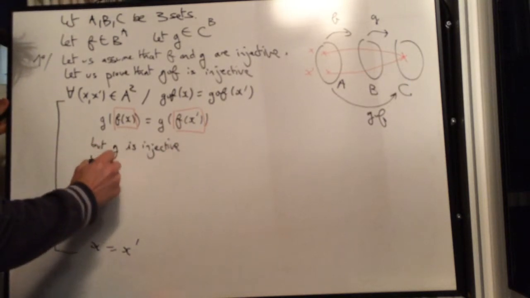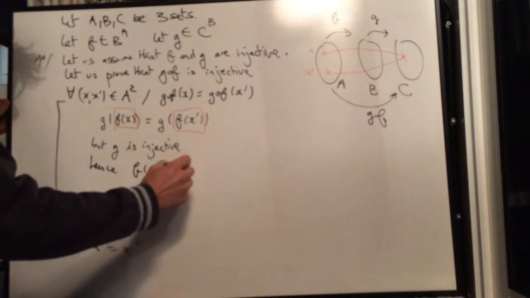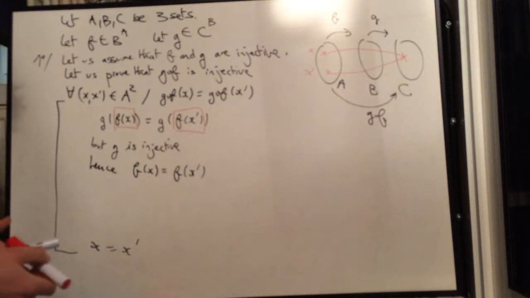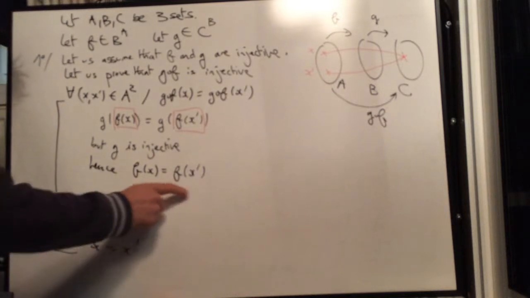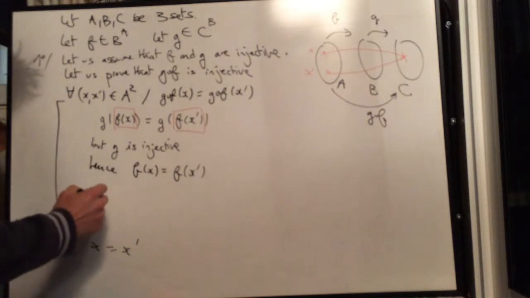So we conclude f of x is equal to f of x prime. And in the second time, f is injective, so if the images by f of x and x prime are equal, we can conclude that x is equal to x prime.